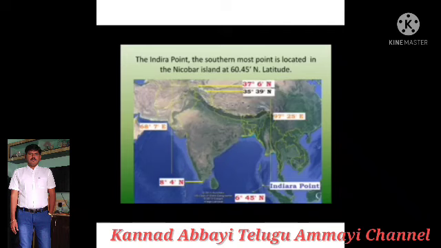And the longitude is from 68°7' east to 97°25' east longitude. This is the exact latitudinal and longitudinal extent, which we can see in a square shape.